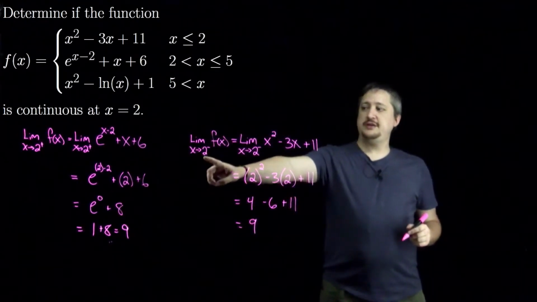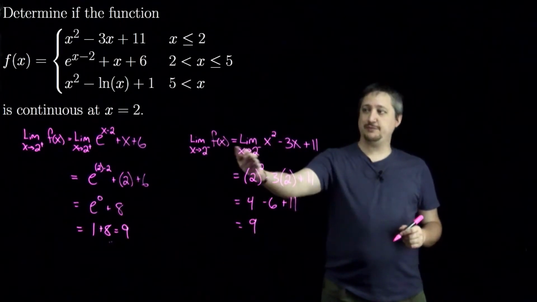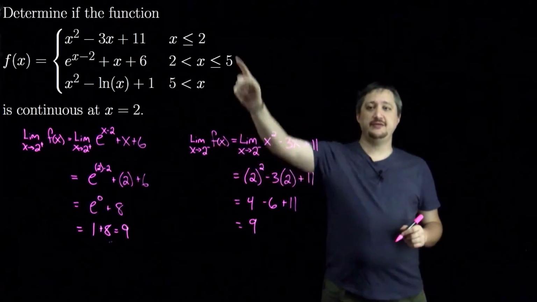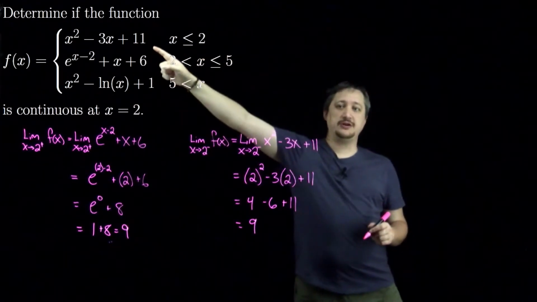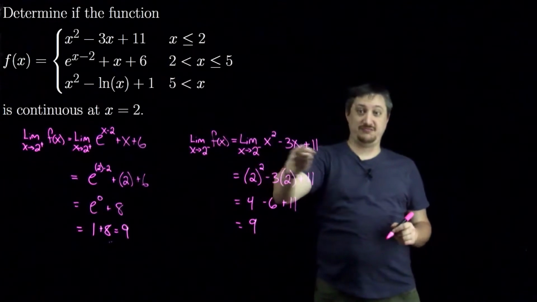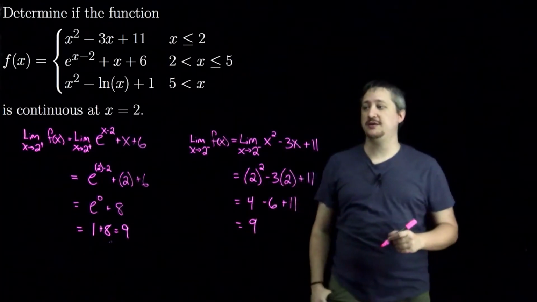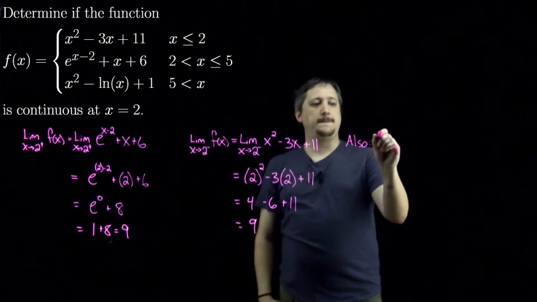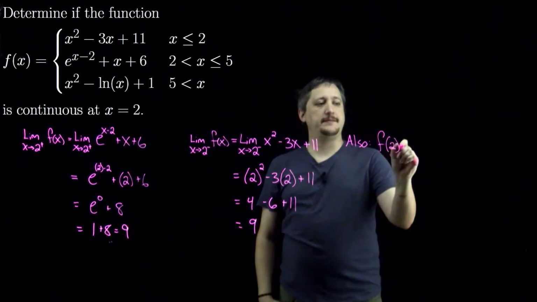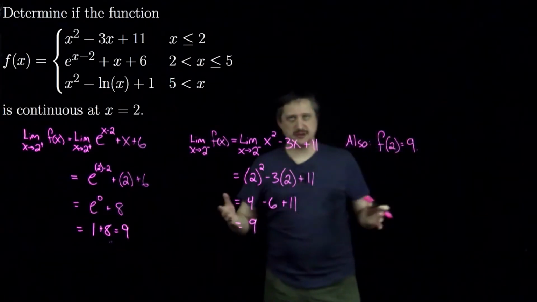It told me the limit as x goes to 2 from the left is 9, but also just plugging in 2 into f, because this is x less than or equal to 2, means that I plug in 2 to that function, which tells me that the function is 9 as well. So this also tells me f of 2 equals 9. Okay, no need to do more work than you need to do.